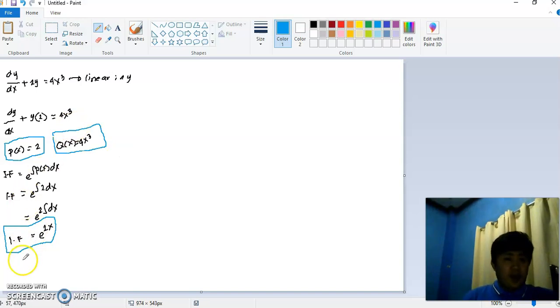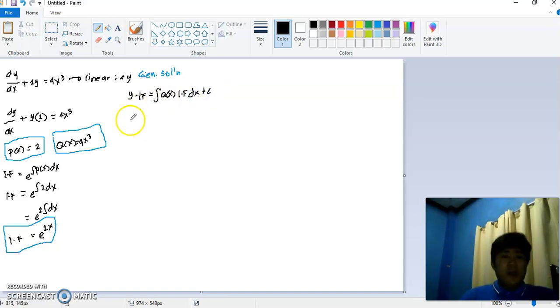Now we can solve for our general solution. So our general solution in linear in y is y times the integrating factor equals the integral of q of x times the integrating factor dx plus c.